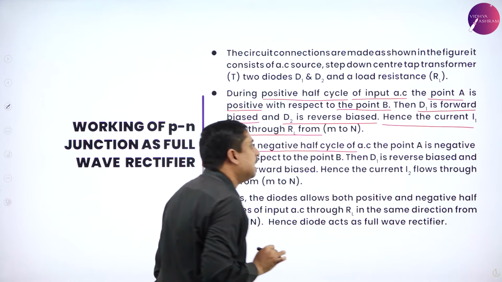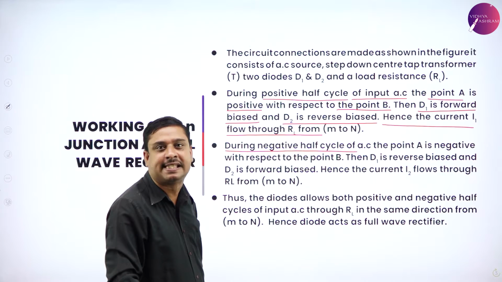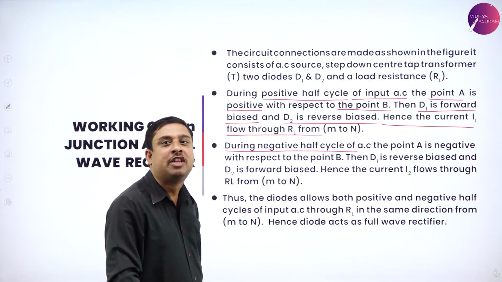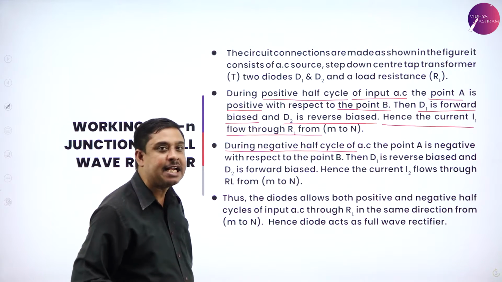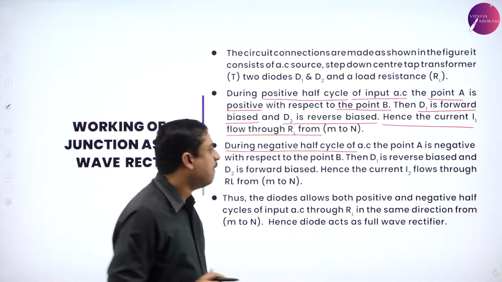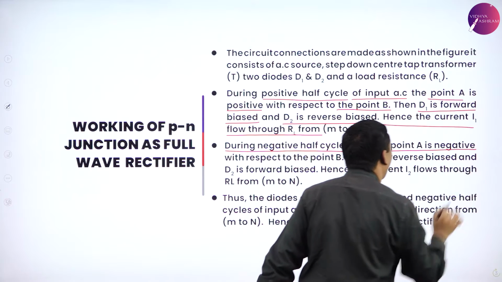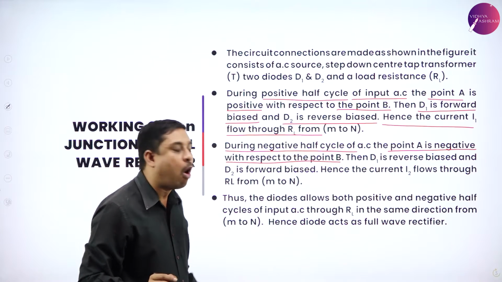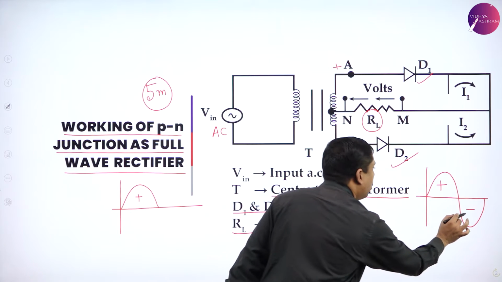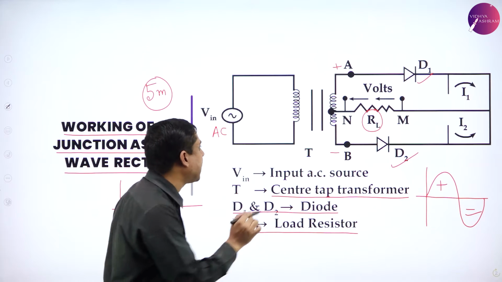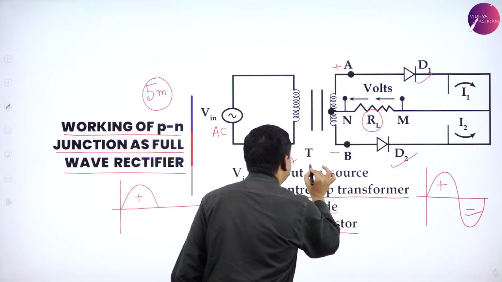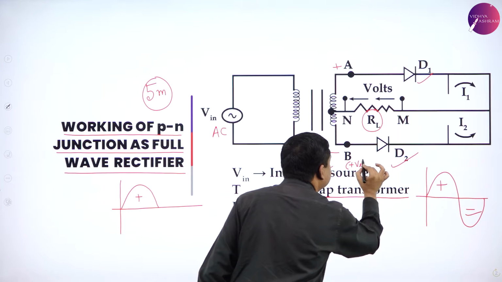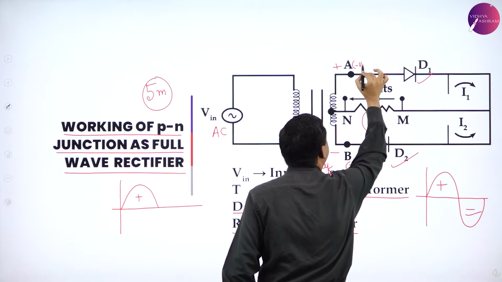During the negative half cycle of the input AC voltage, this is the other way, which means point A is negative with respect to point B. So during the negative half cycle, B becomes positive and A becomes negative.